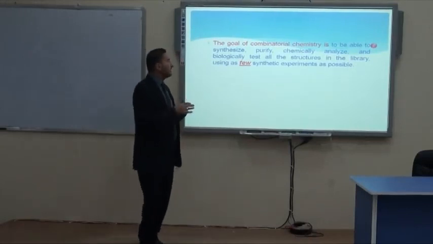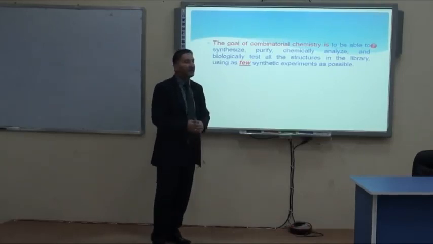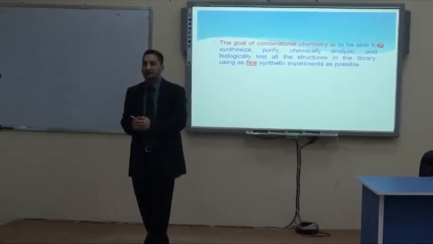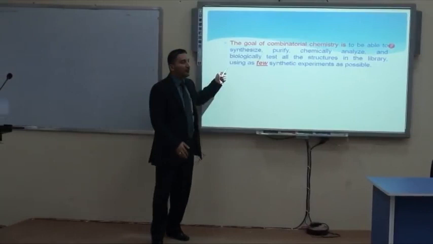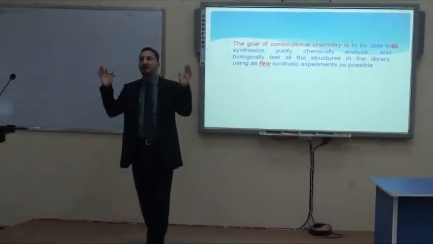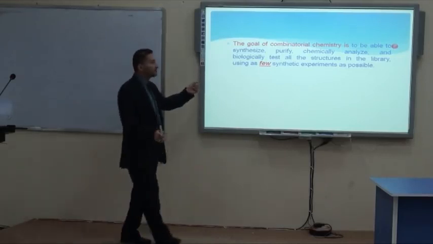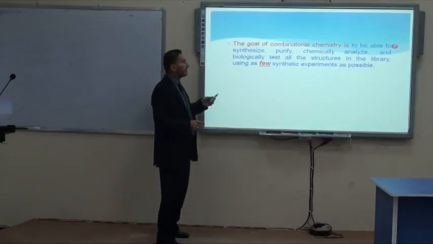The difference in combinatorial chemistry is that you use as few synthetic experiments as possible. This differs from the classical type. How can we synthesize and test a large number of compounds, a chemical library, in a few synthetic experiment steps?